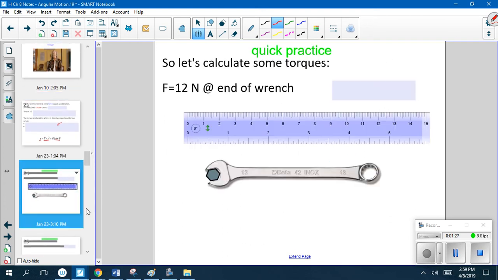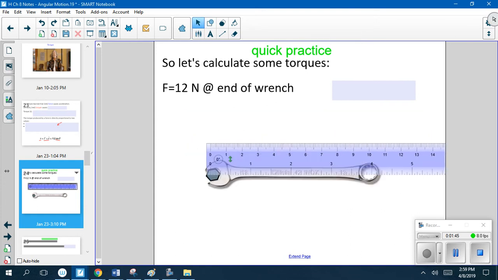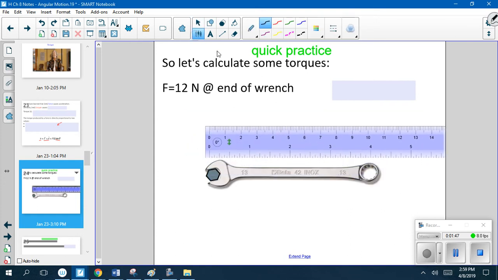Alright, so let's practice some of this. Let's take this wrench, and it's got a bolt, and keeping with our theme, if you can dodge a wrench, you can dodge a ball. We're trying to figure out the torque. The wrench itself is about 10 centimeters long, so from here to here is 0.1 meters.